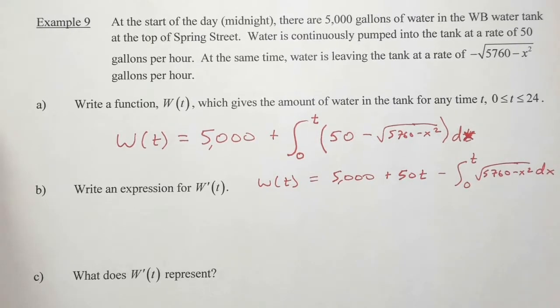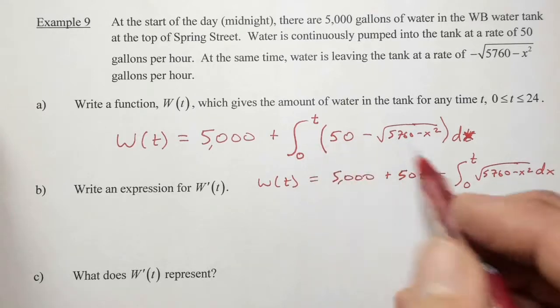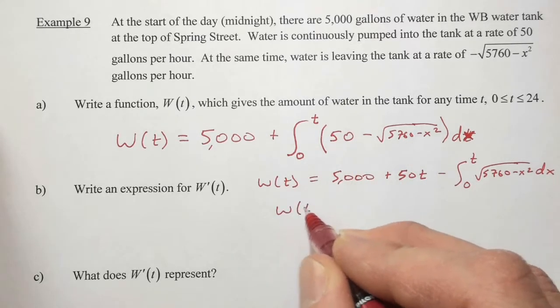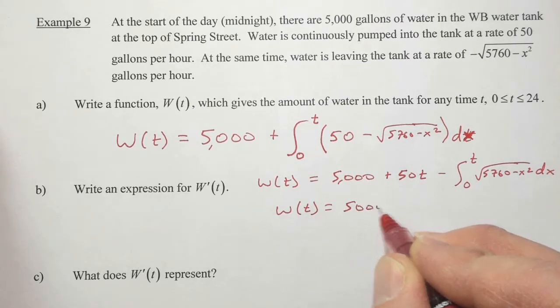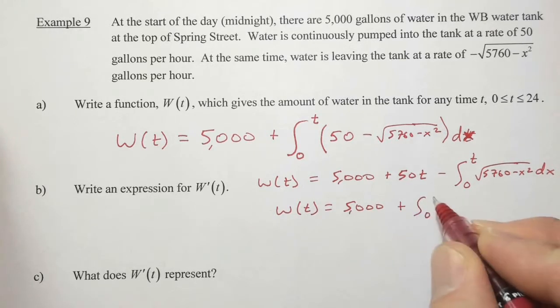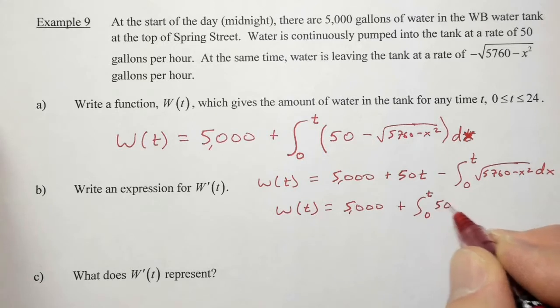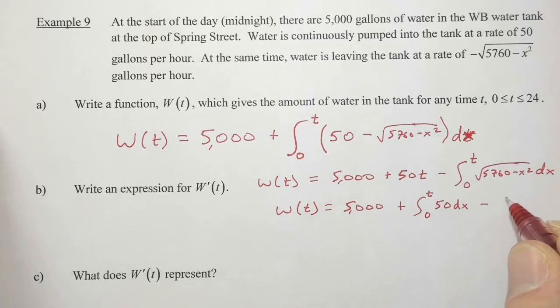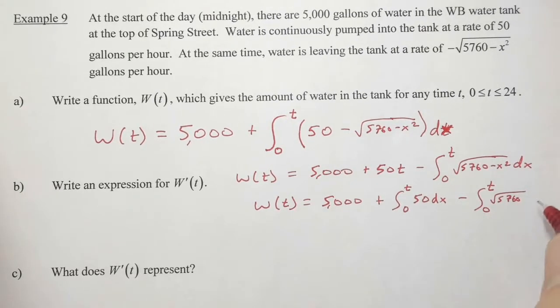All right. And yet somebody else may have noticed, well, can we do this in two separate integrals? And you absolutely can as well. One final way we could write this, 5,000 plus the integral from 0 to t of 50 dx minus the integral from 0 to t of square root 5,760 minus x squared dx.